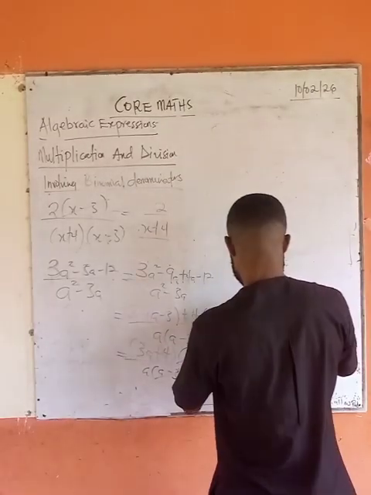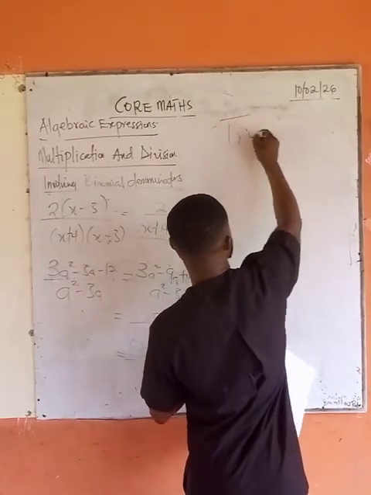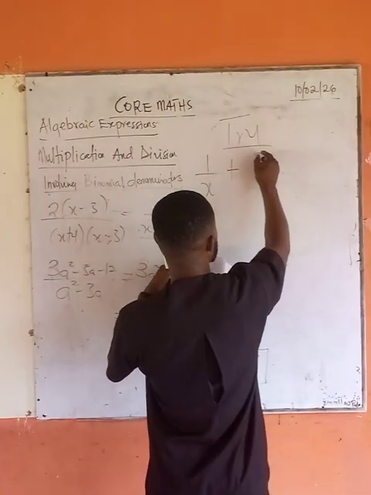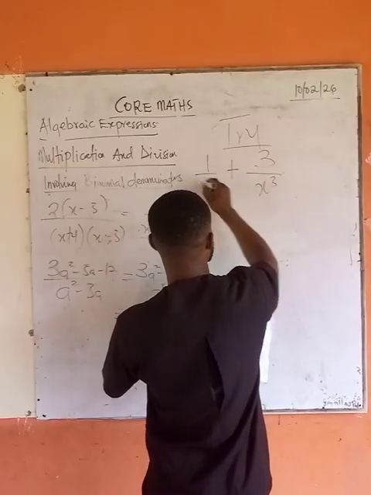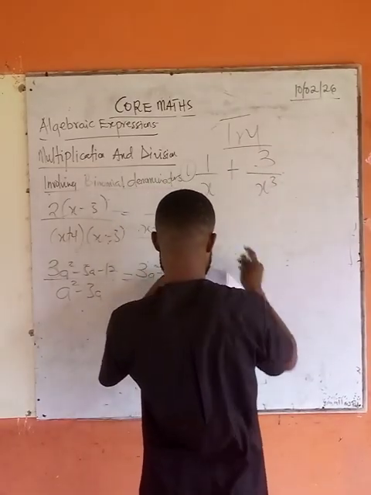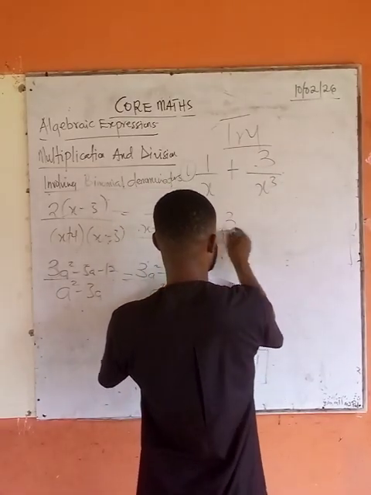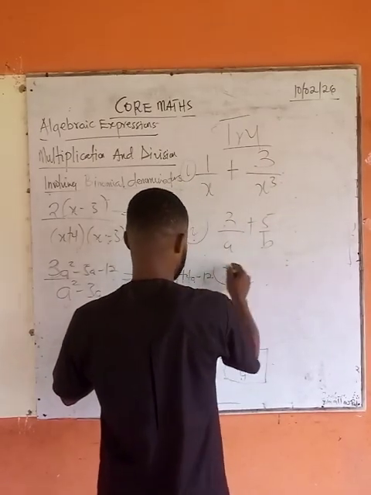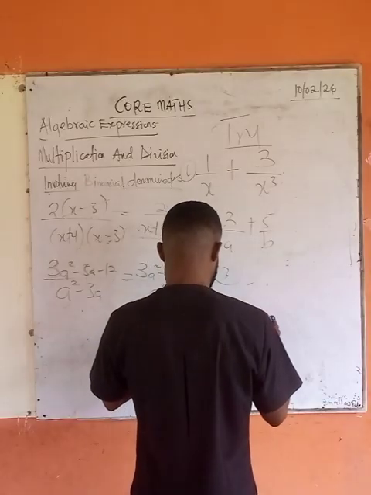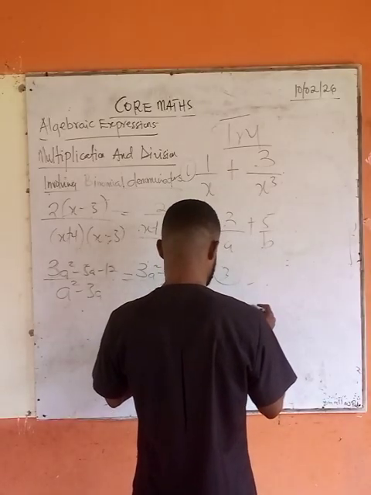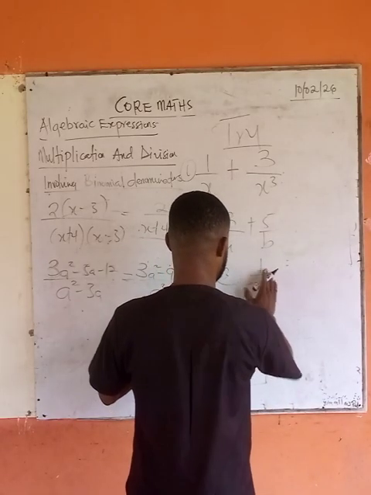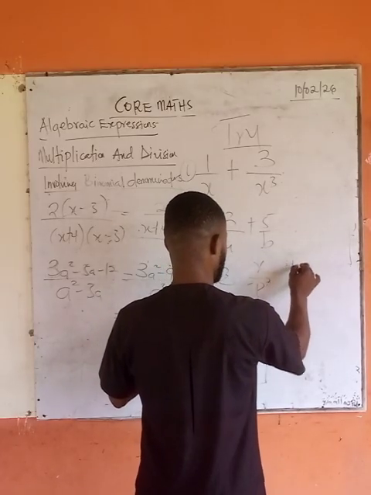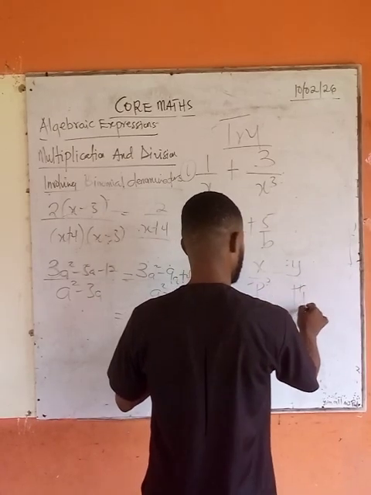So you try this. 1 over x plus 3 out of x power 3. Second is 3 over a plus 5 over b. Third one: 1 out of x, that is 3, so x over b squared minus y out of b cubed.